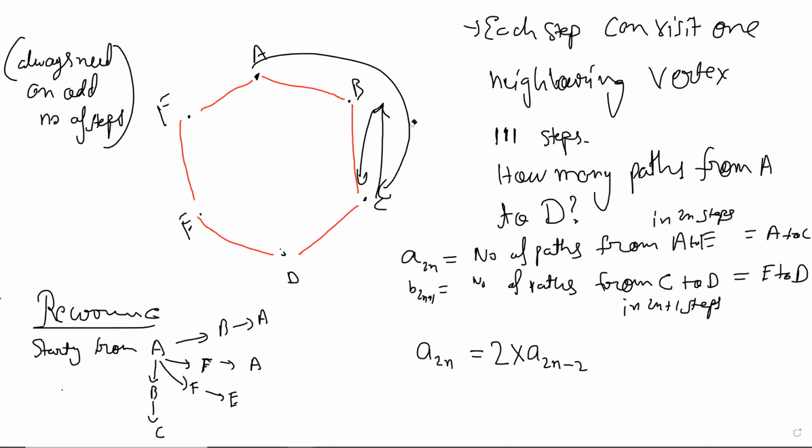But that is not the only way to do it, right? Is this the only way to get to C in 2n minus 2 steps?